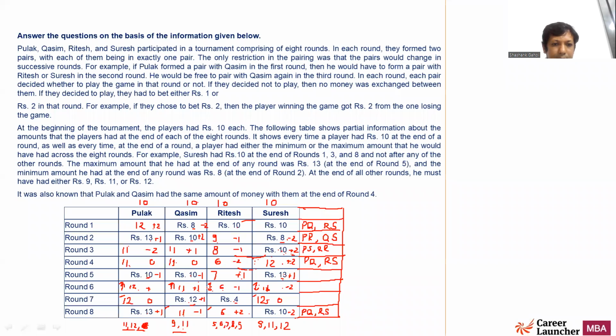So basically, I think there is some mistake. Okay, so this is 13 I'm getting. 13 to 11, loss of 2. Then I'm going to have plus 1.